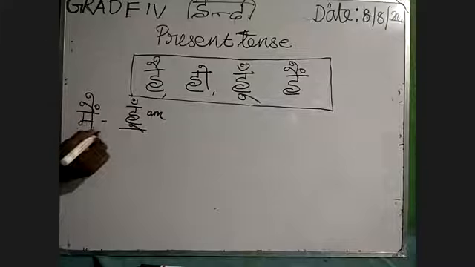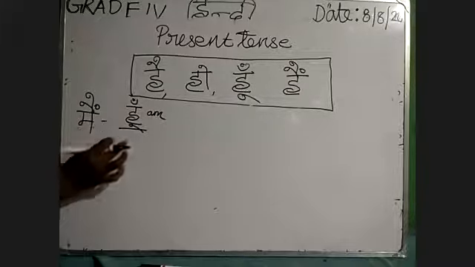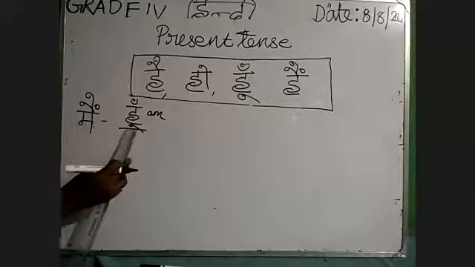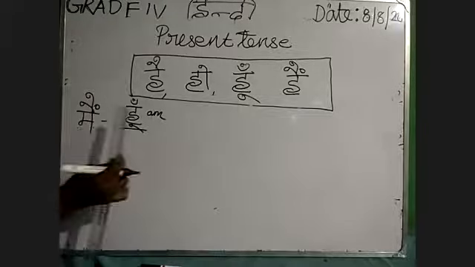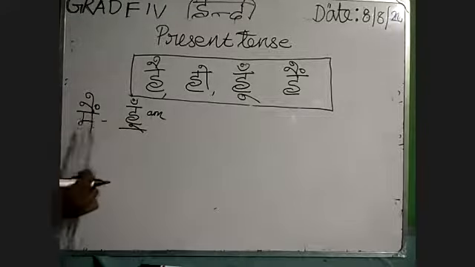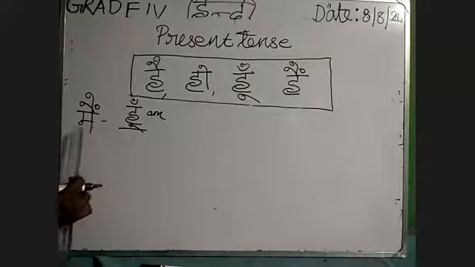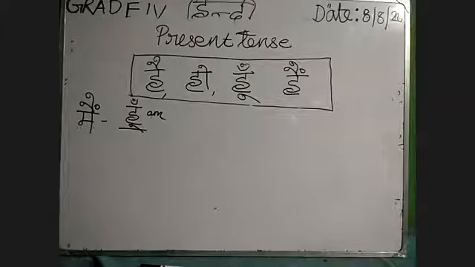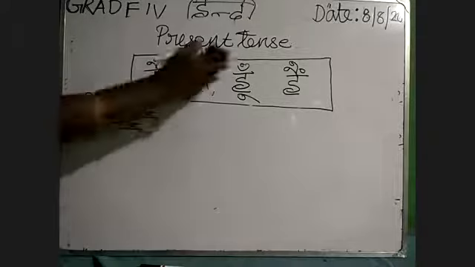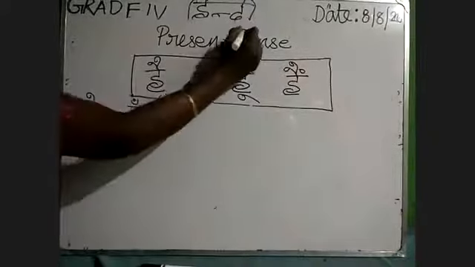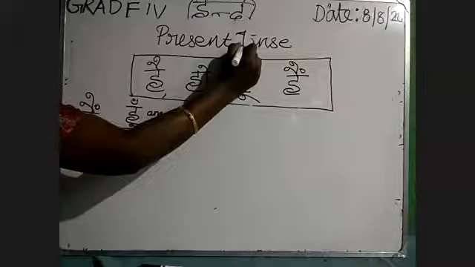Main ladki hoon means I am a girl. In Tamil, நான் இருக்கிறேன். This rule is applicable only for present tense, not for past tense and future tense.